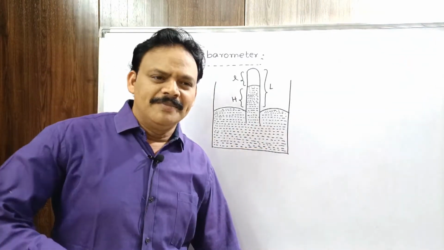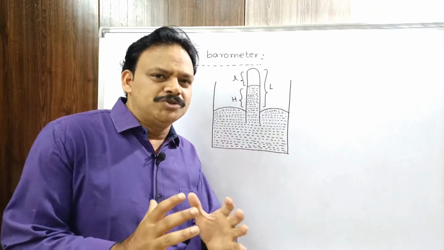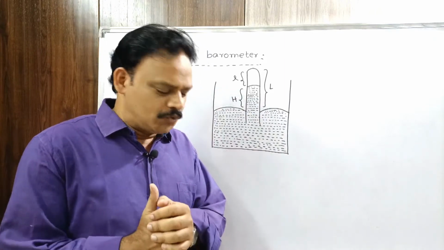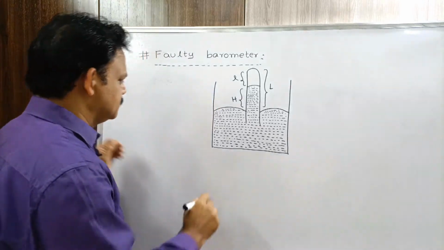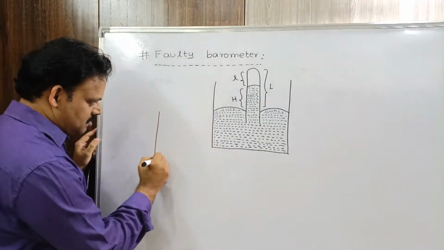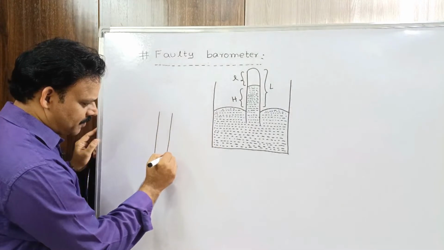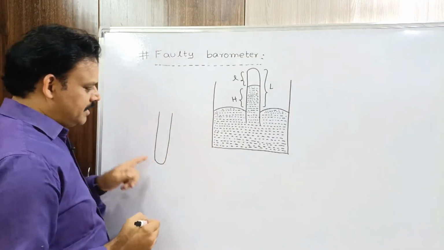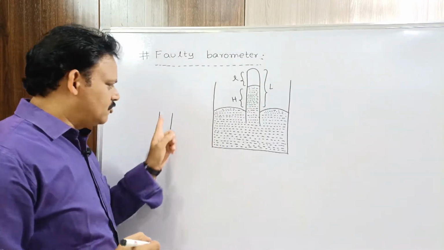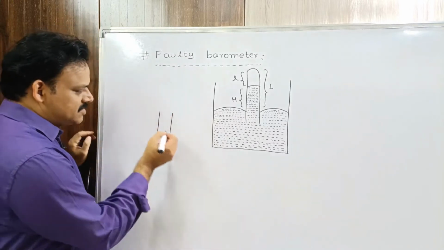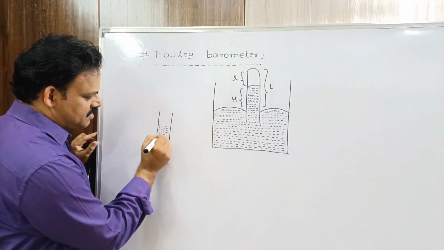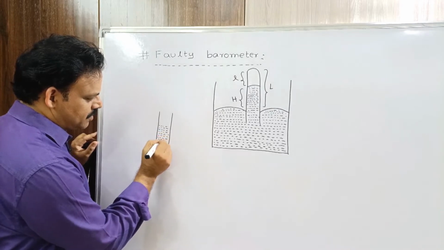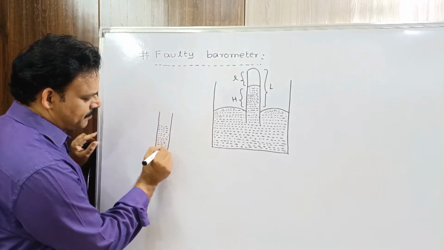While measuring the atmospheric pressure using a barometer, let us take one long glass tube. It is closed at one end and open at the other end. It is filled with mercury.